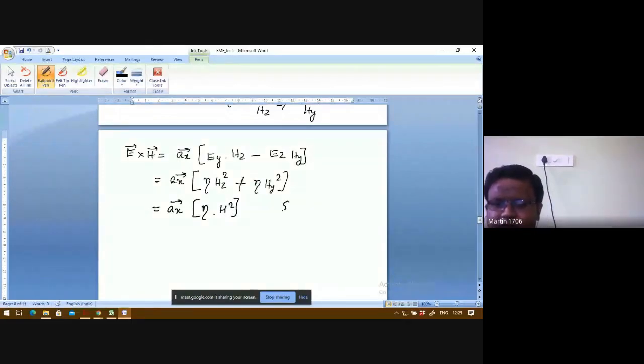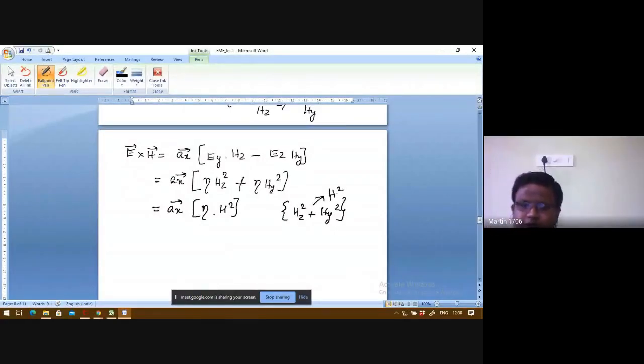Since H square is equal to Hz square plus Hy square, H square is equal to Hz square plus Hy square, which is equal to what? H square. So this is nothing but the direction in which the wave travels.